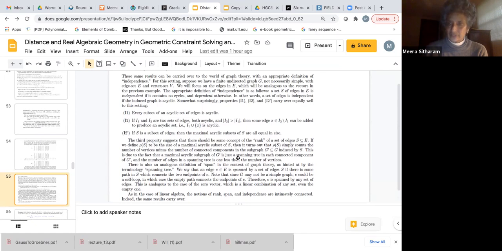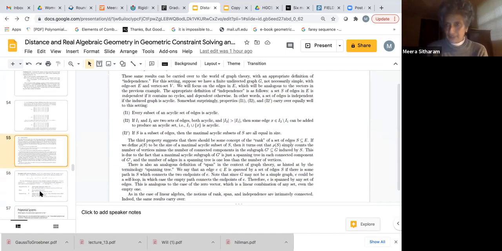So a spanning tree would be such a maximal independent set in this matroid. So this is a totally combinatorial generalization, or extension, or an analogy of the linearly independent vectors of a vector space, from which we extracted the axioms that define a matroid.